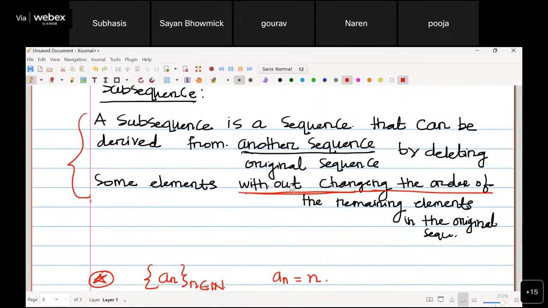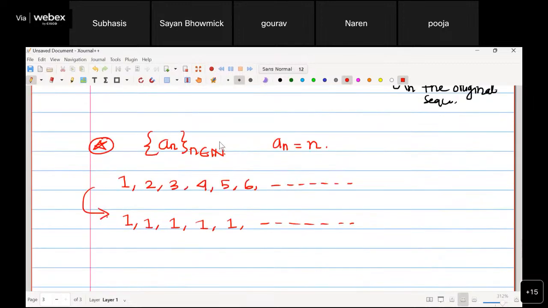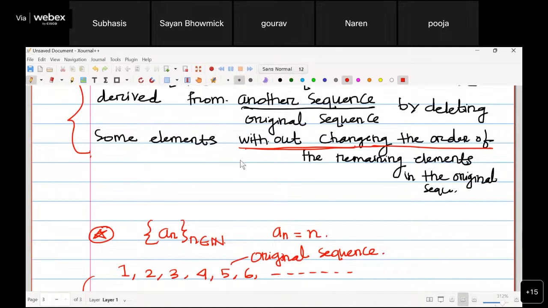So this is my definition of subsequence. By using this definition, can I say whether this is a subsequence of my original sequence? No, sir, it's not a subsequence. Why? Order is not maintained, no, sir. After one, you can only have 2, 3, 4 in the next sequence.